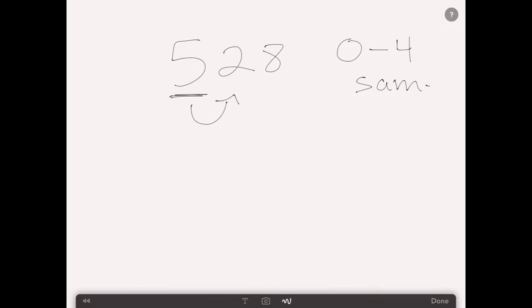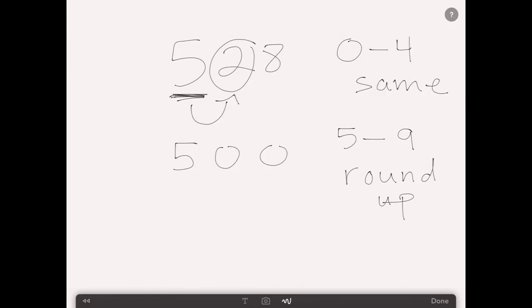If this number beside it is 5 all the way up to 9, then you're going to round up. So when I look at the 5, rounding to the hundreds, I look next to it, and we have a 2. Is that between 0 and 4? Yes. So the 5 will stay the same and everything else turns into zeros.